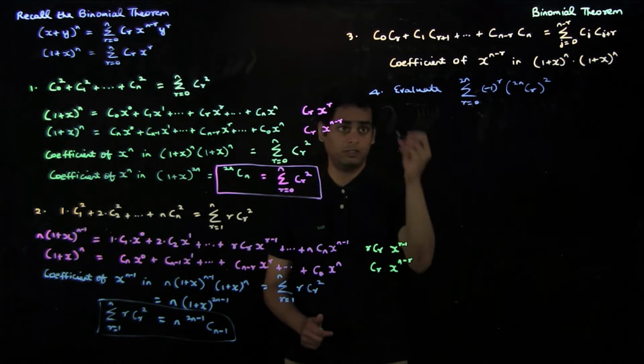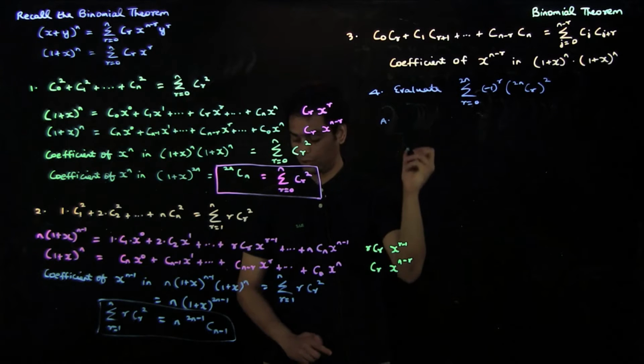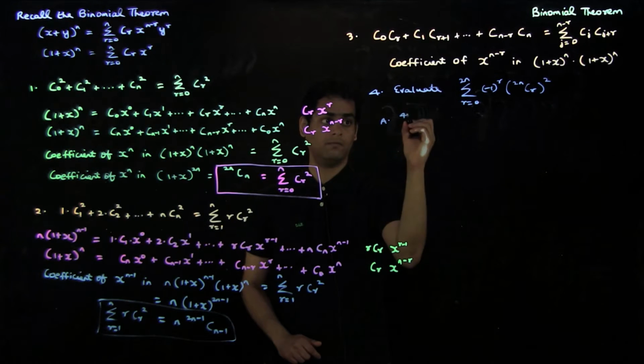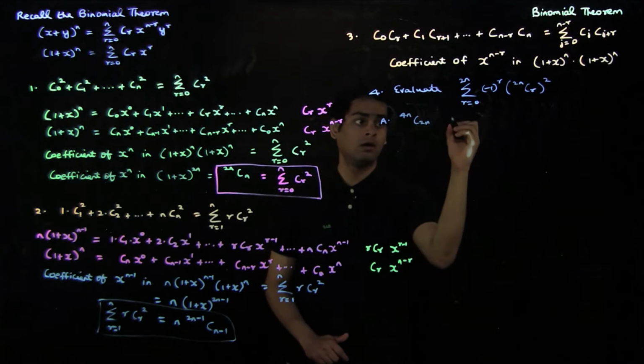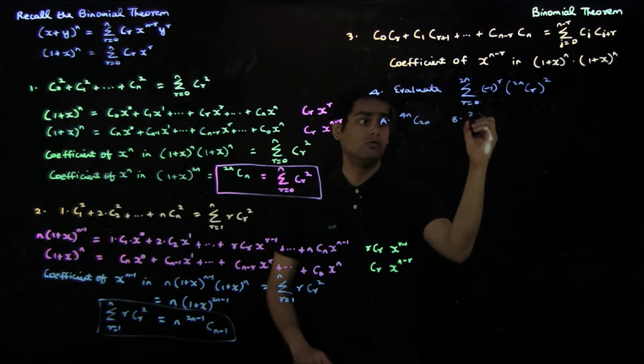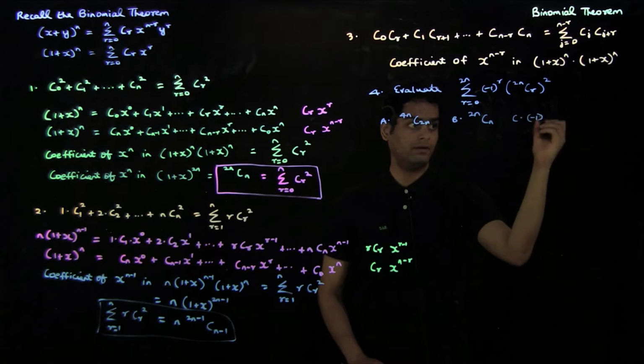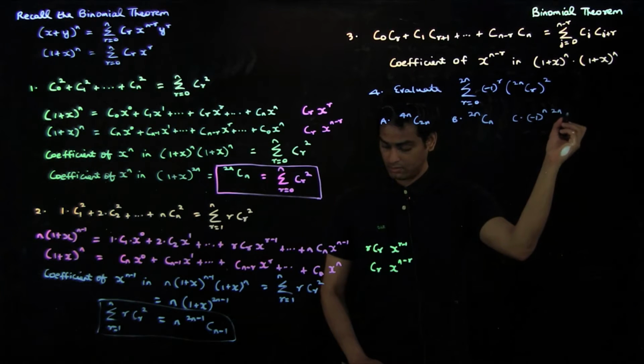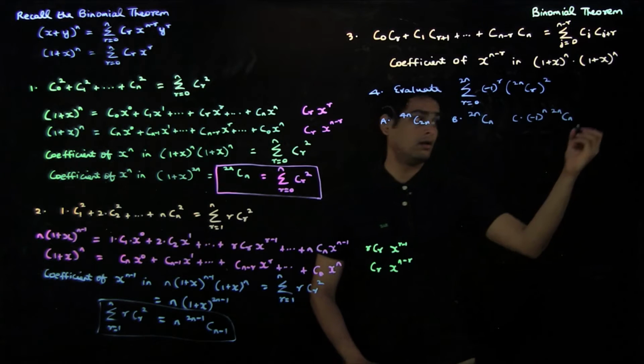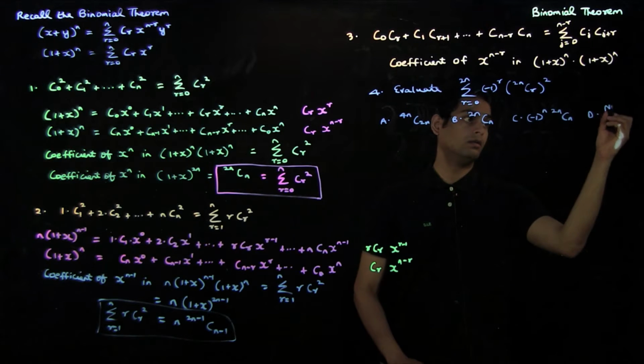This is a multiple choice problem, and the four options we have are A, 4n C 2n, B, 2n Cn, C, minus 1 power n times 2n Cn, and D is none of these.